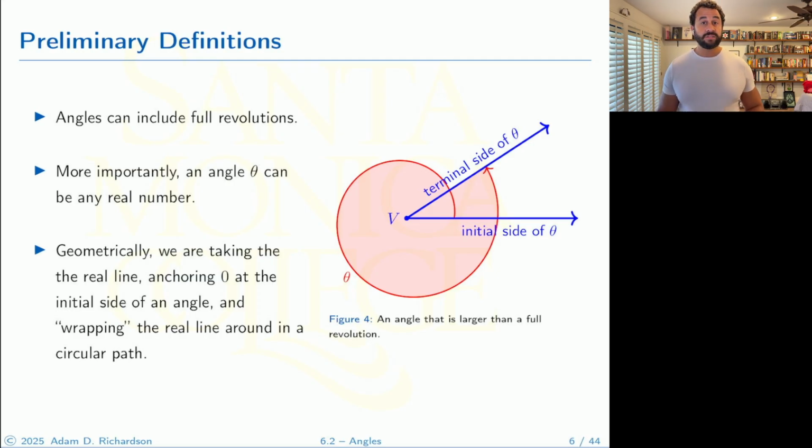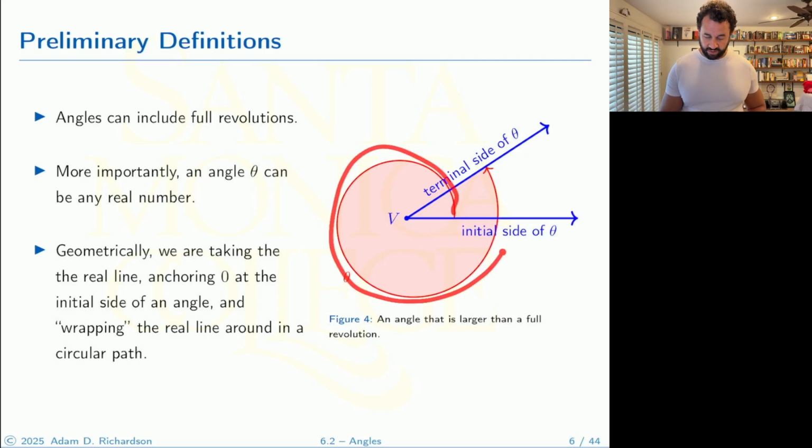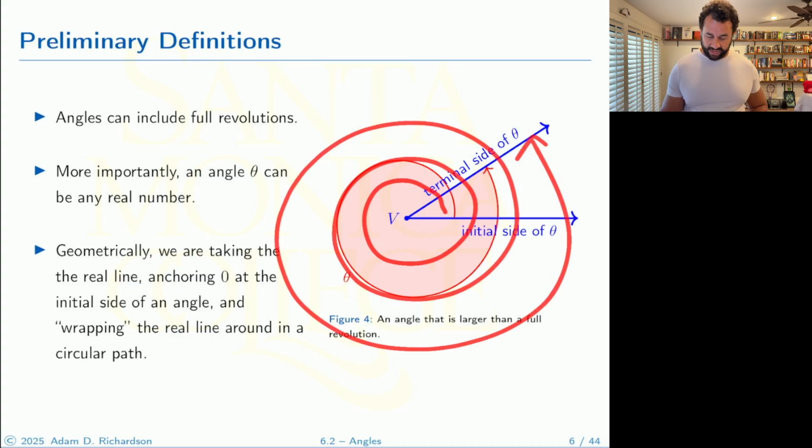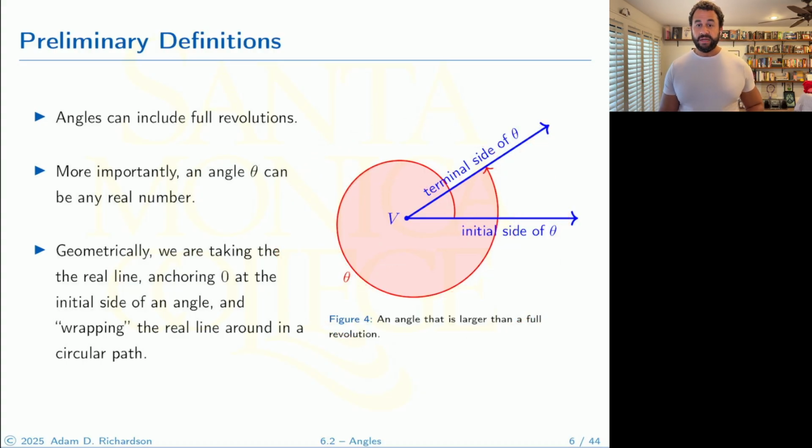All right, angles can include full rotations, so keep this in mind. Full revolutions, angles can go all the way around and then come back. They can include any number of full rotations all the way around. I mean, this is an angle here. That's a valid angle, for example. More importantly, and maybe more algebraically speaking, an angle theta can be any real number.